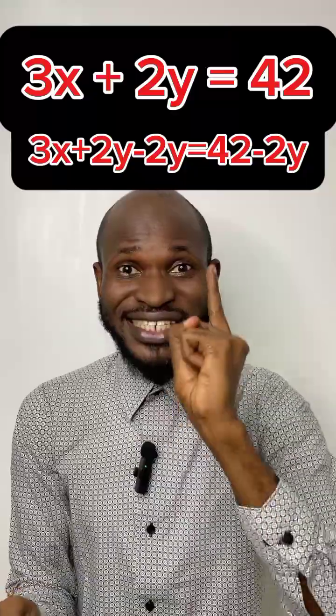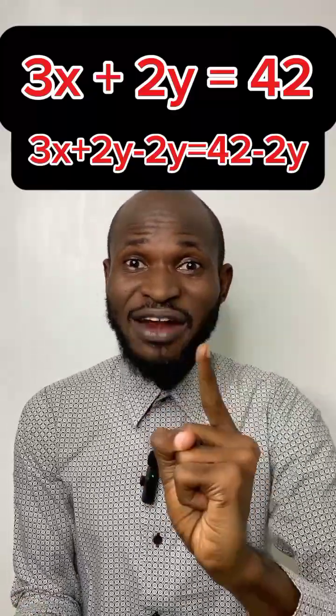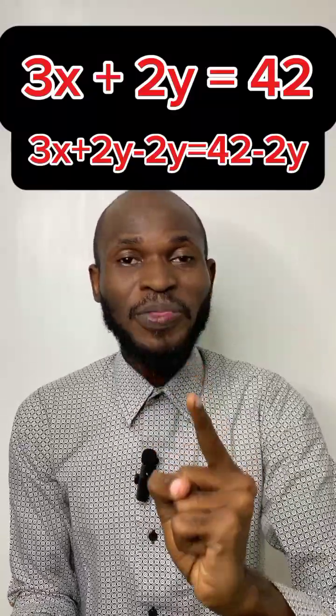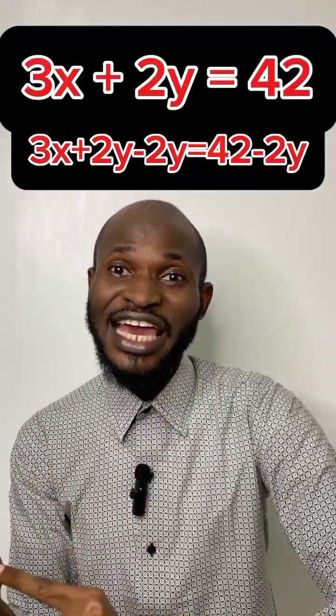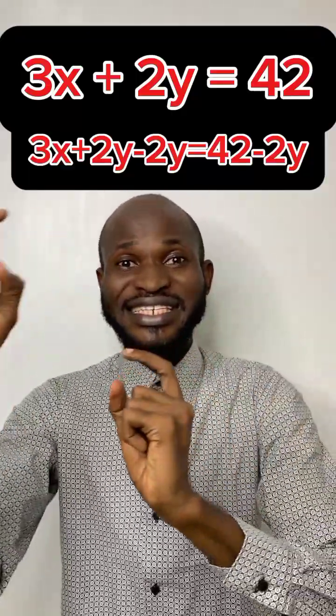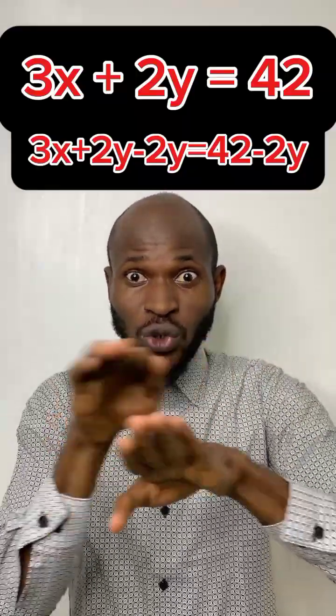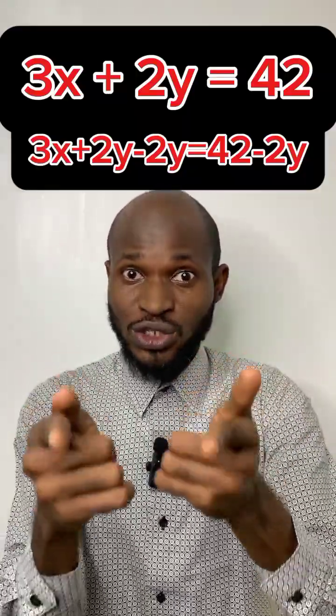Minus 2 plus 2 is 0. Minus 3 plus 3 is 0. Plus 3 minus 3 is 0. So you have to try as much as possible to note that that is the reason why when you take a number to the other side of the equation, the sign has to change. So those are the two basic ways by which you can actually do this.